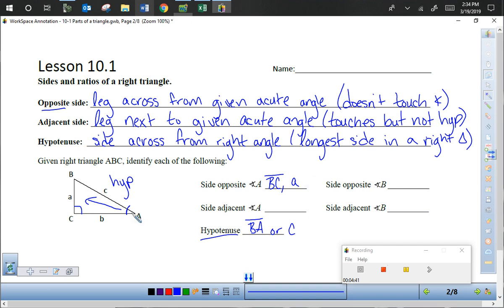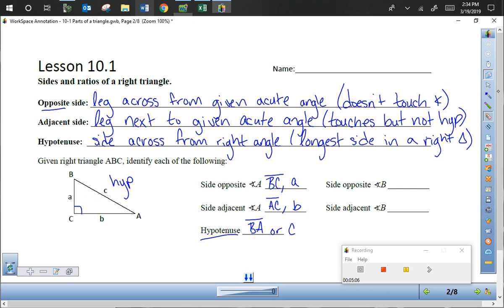Then the adjacent side is the side that's left, essentially, the side that touches it on the bottom here, because we can't use the hypotenuse. So AC or CA, either one is fine. Then we can call that lowercase b as well. For the next part, we're going to concentrate on angle B. So now we're up here.